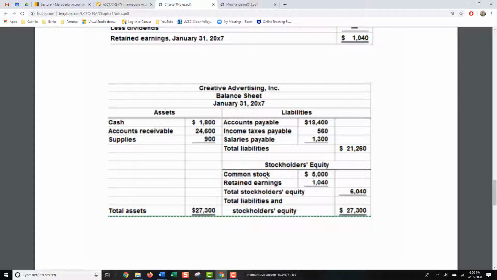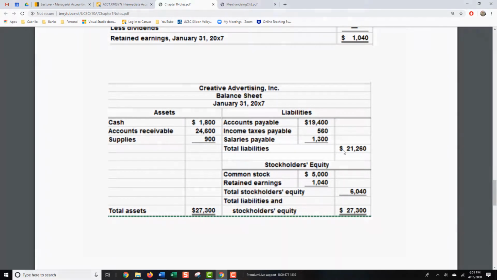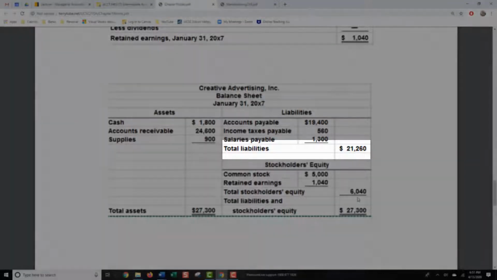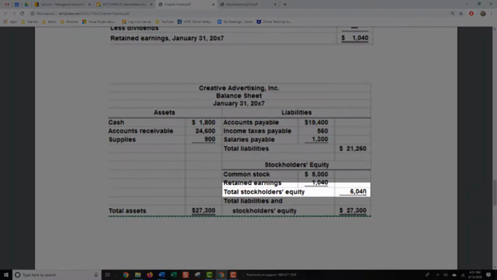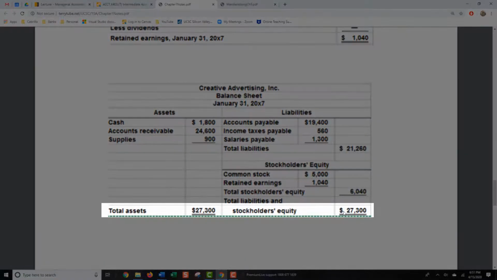If it was a bigger example, you'd see the paid-in capital account or preferred stock. And then you have retained earnings. So you've got assets on the left, total assets 27.3. The liabilities plus the total stockholders' equity added together, the 27.3 has to equal the 27.3.